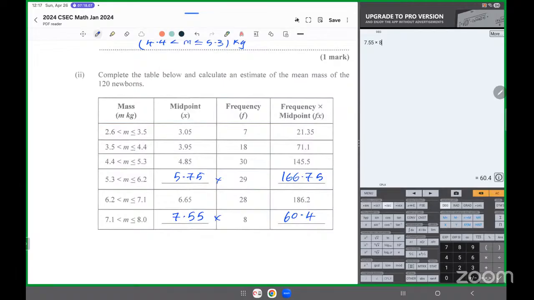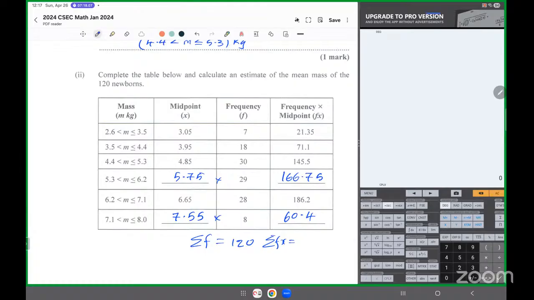Then we need the sum of these values. The sum of f is 120, the total number of newborn babies. And then the sum of fx, which is the sum of the fx column. So I'm going to add up all of them.